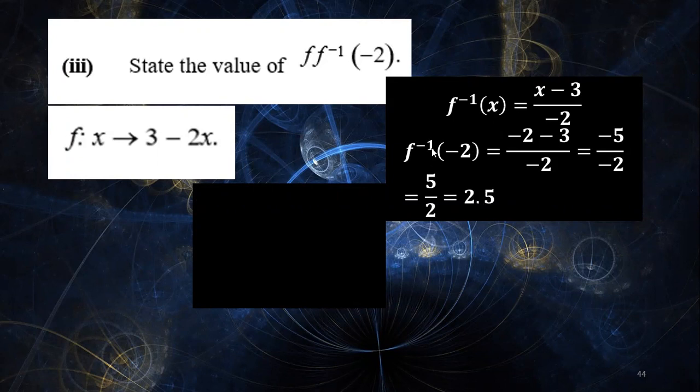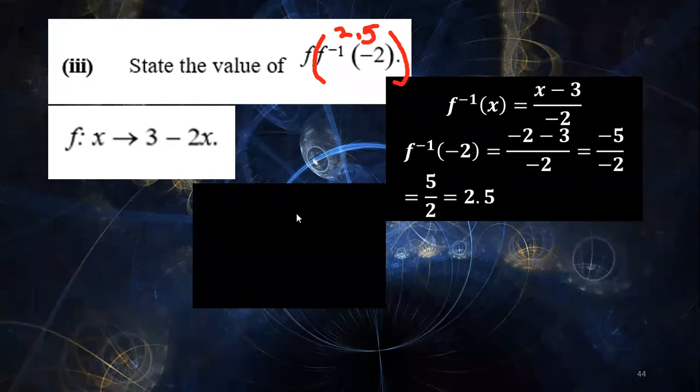So f inverse of -2 is 2.5. So in other words, this whole portion here is simply 2.5.